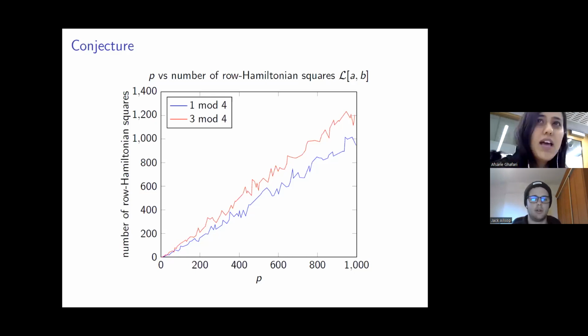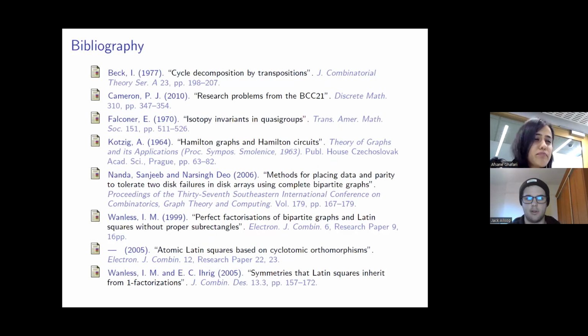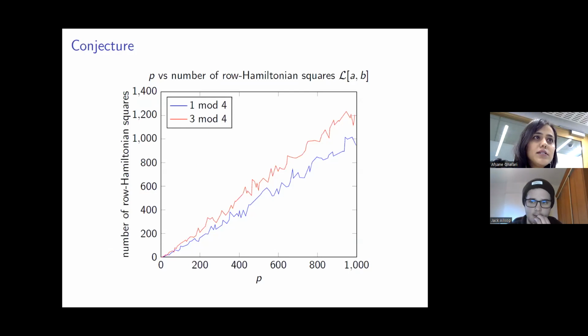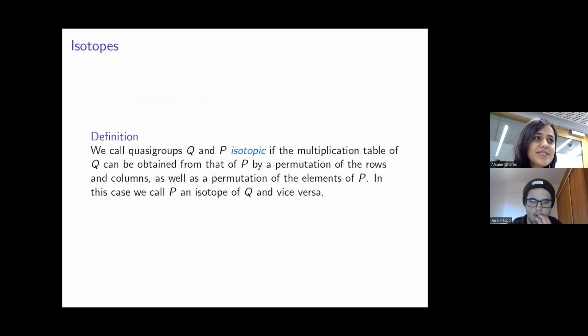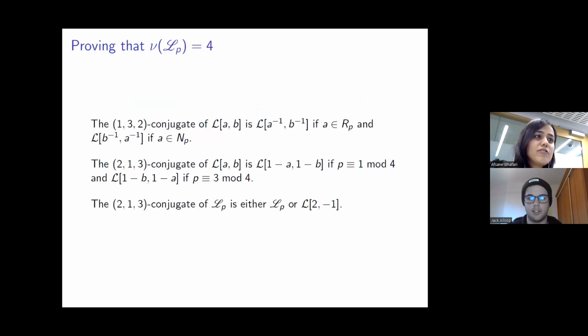Can I ask a question? I'm not sure which page it was. Before you define the loop, I guess the slide before defining the loop, you were talking about some results. Is there any relation between, because I know that there's a relation between this conjugate, 6 conjugate, and the number of transversals in Latin squares.